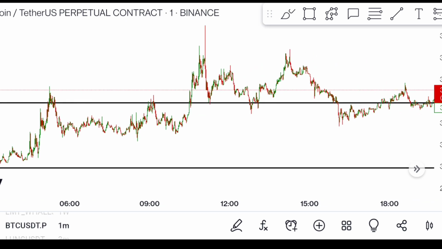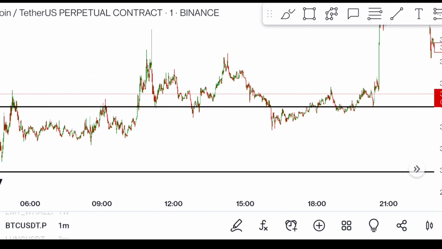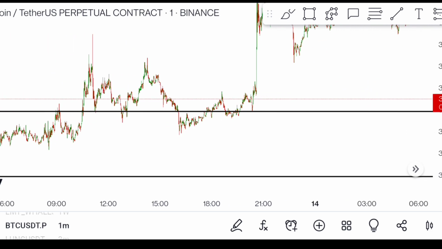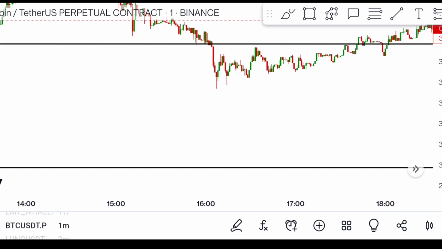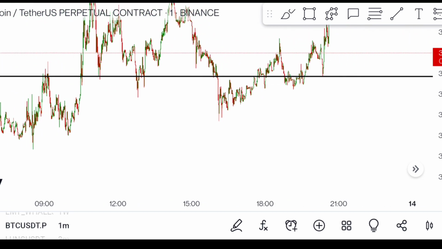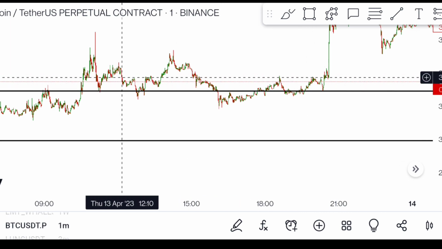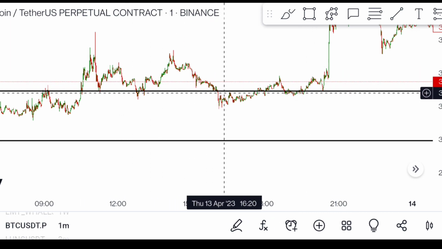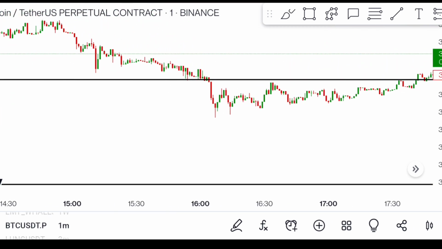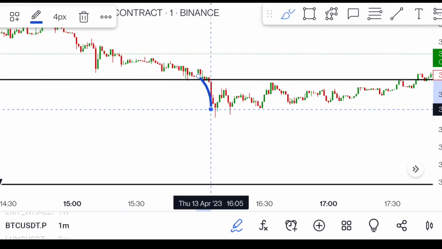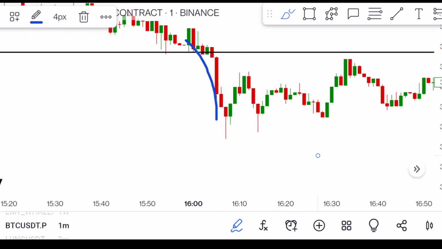Okay, so let's see, no structure so far. Let's see if yes, here, see, this was the resistance line. Now we got closes above this, so it became the support, okay. And here what happened was it came down, we got closes below the support, and then the next candle closed above this.